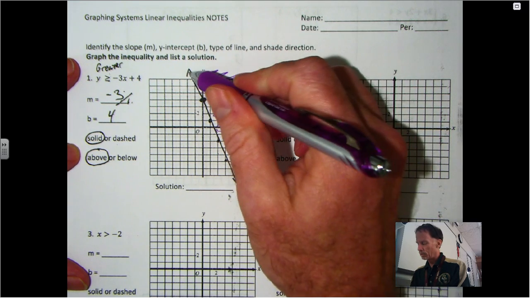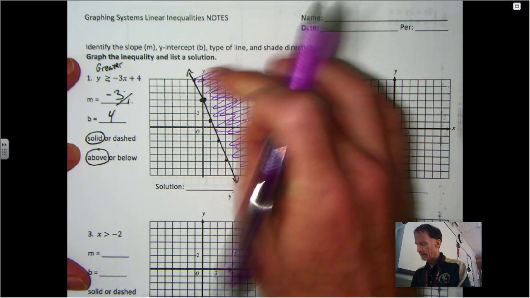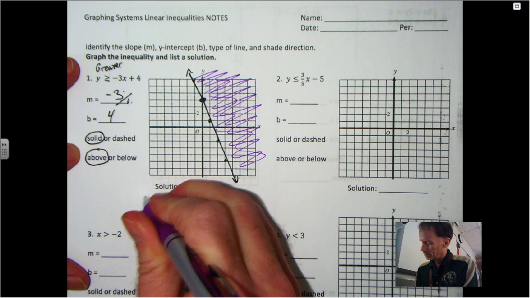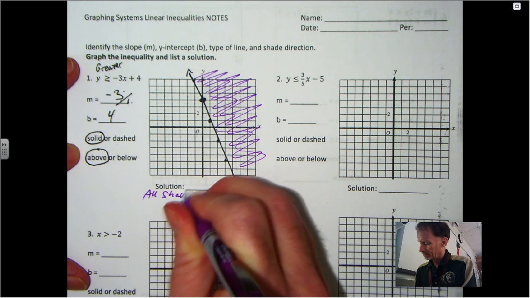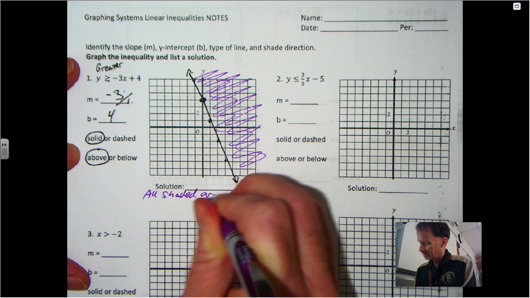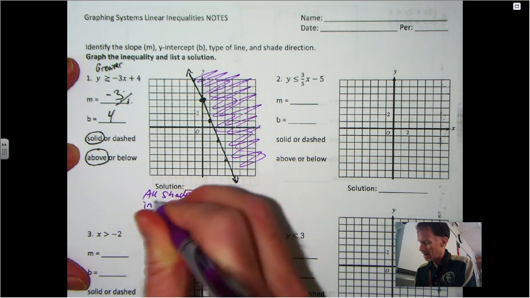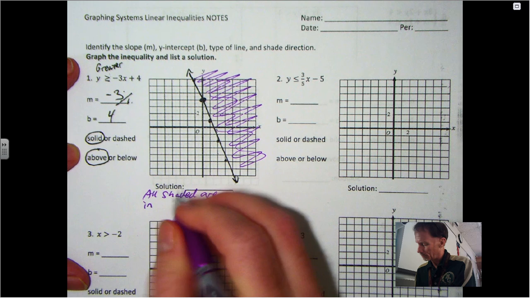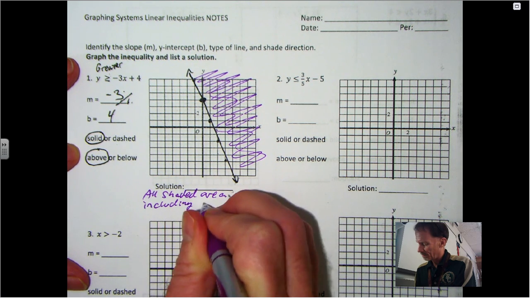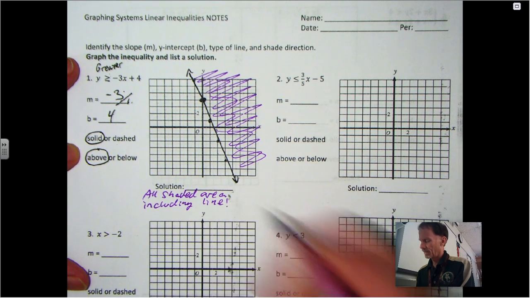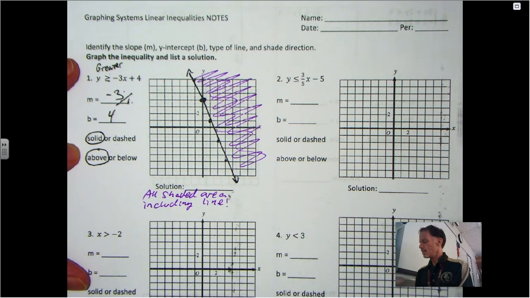But in this case, it's important to know that it's everything in the shaded area, including the line, because it's greater than or equal to. So that's really it.